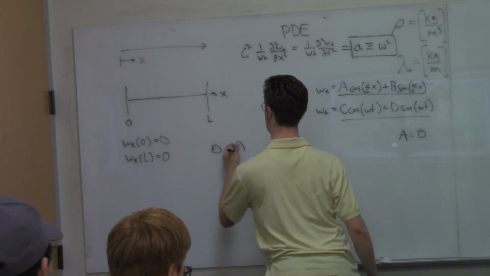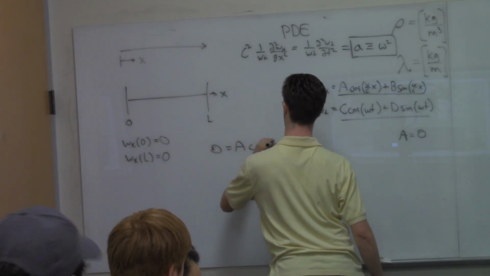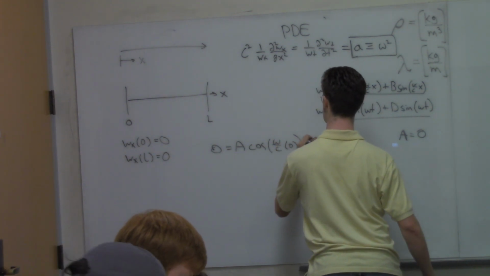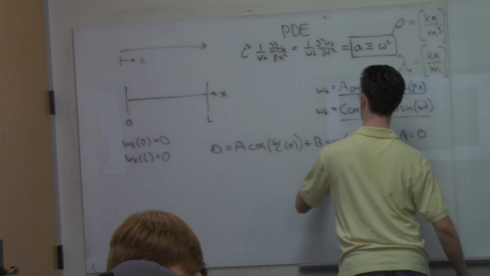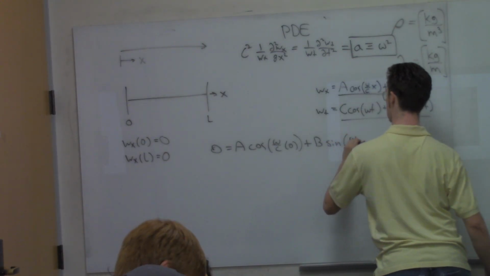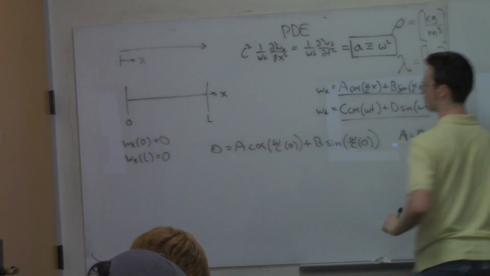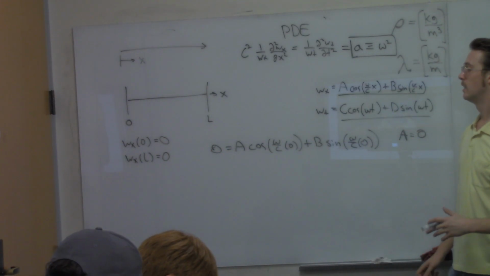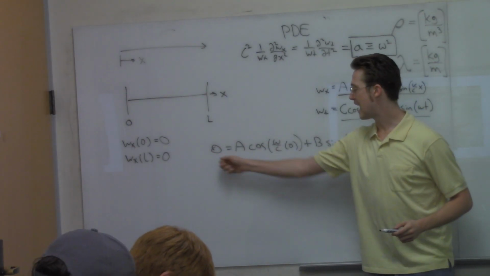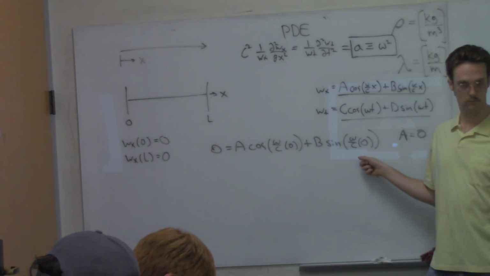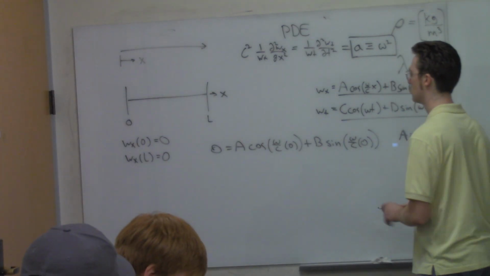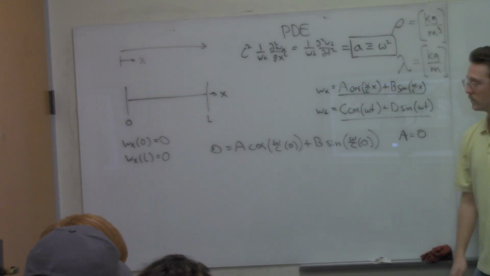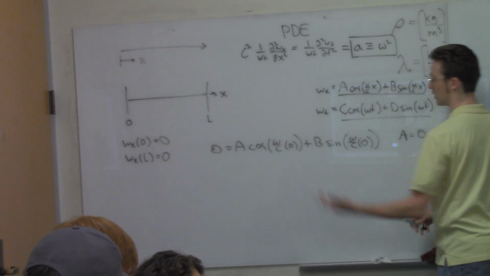0 is equal to A cosine omega divided by C times 0 plus B sine omega divided by C times 0. So we're just plugging in this first boundary condition, saying that the displacement at 0 is fixed. When we evaluate this, anything times 0 is equal to 0, so the inside of both of these is equal to 0.